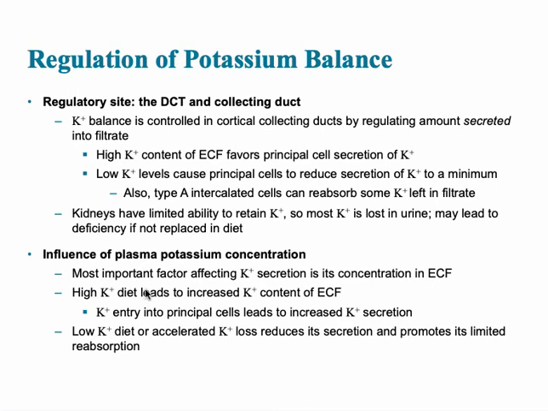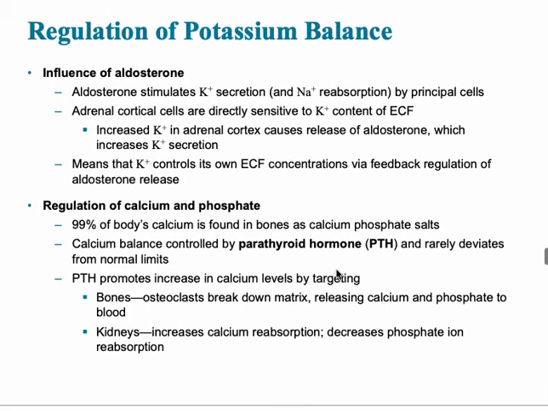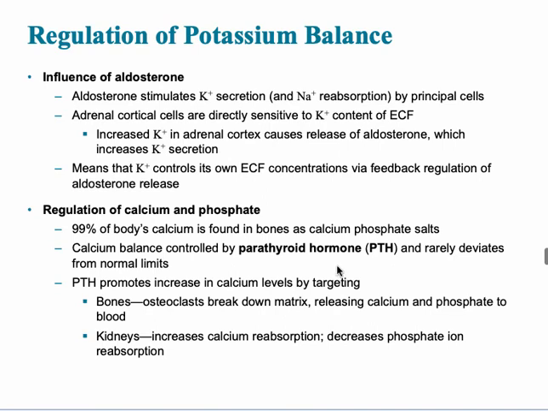And it's controlled here, and the influence of potassium is controlled by certain cells here. So for example, low potassium levels cause the principal cells, a certain type of cells in the DCT, to reduce secretion of potassium, so to keep it within homeostatic levels.